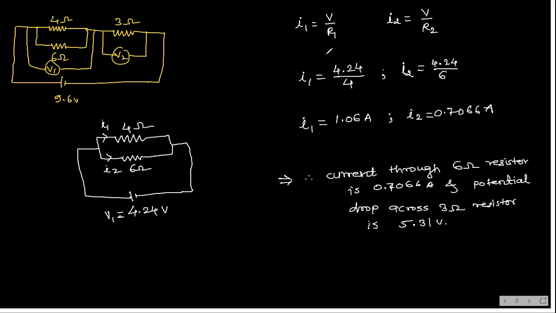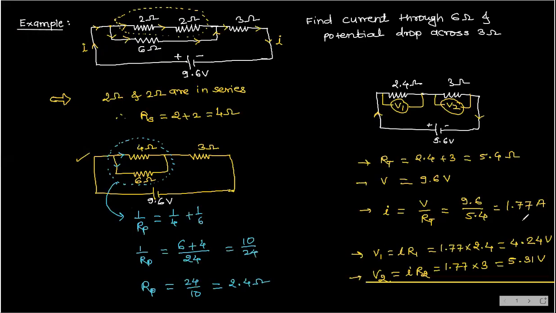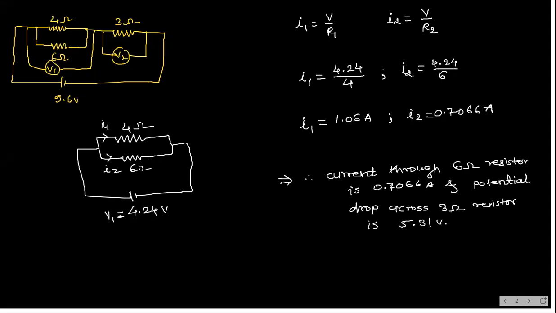You see here, this addition: if you add 1.06 and 0.7066, you will get the total current, that is 1.77 ampere. So which is right? Understand? Any doubt? Understood how to solve? Yes, sir.